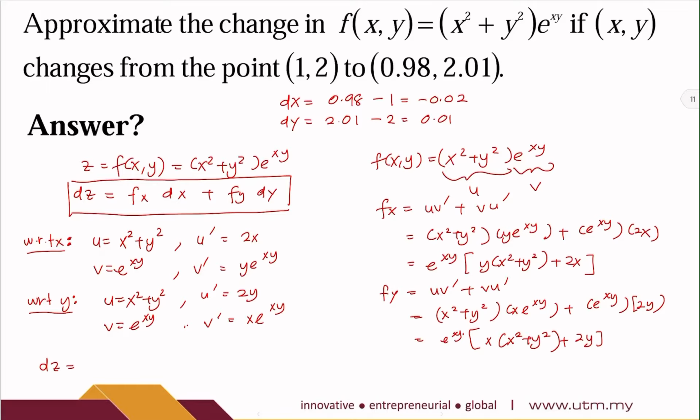We need to substitute for f_x(1, 2). So you just substitute, it will be e^(1·2), where y is 2, x is 1: 1 squared plus 2 squared times 2, plus 2 times 1.